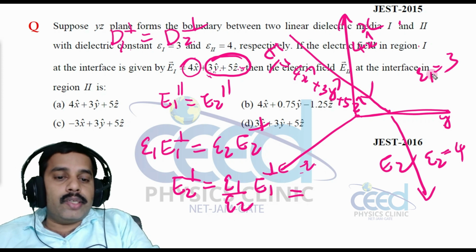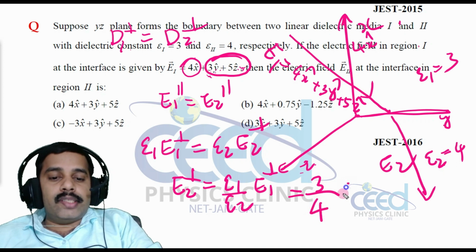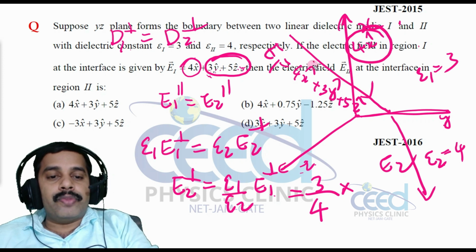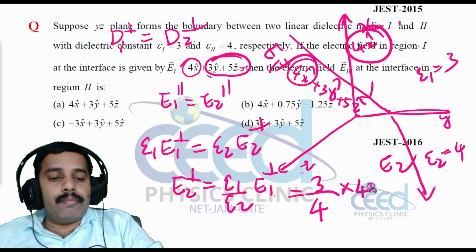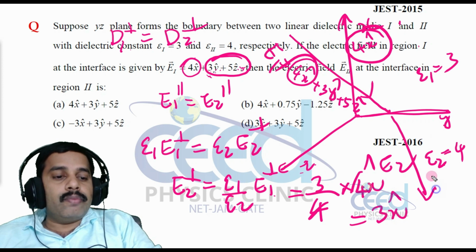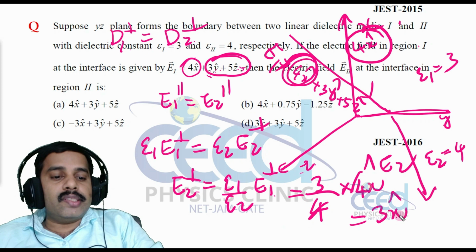Epsilon 1 is 3, epsilon 2 is 4, and E1 perpendicular is this 4x cap, the perpendicular component of the electric field, right? So 4 cancels. What will be E2 perpendicular? 3x cap.